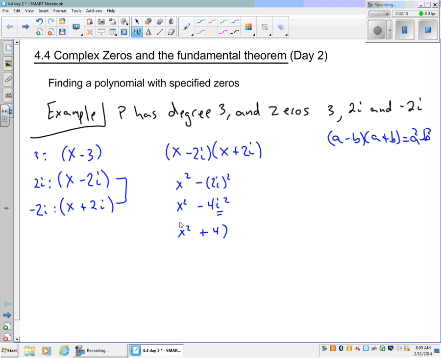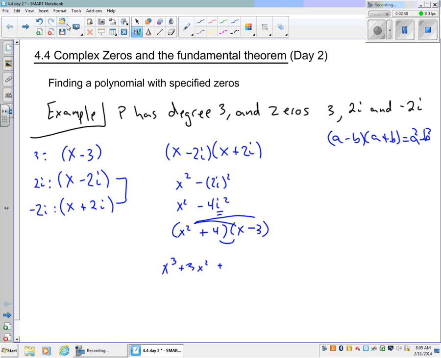So now we will take that and multiply by the x minus 3. And if you want to use the box method or FOIL method, whichever method you like, you go x squared times x to get x to the third. So that was x squared times x. Now we do x squared times negative 3 to get minus 3x squared. Oh, you know what?